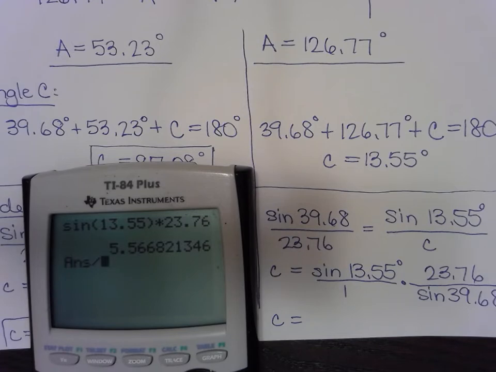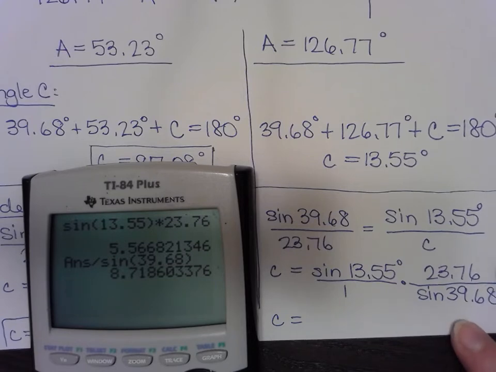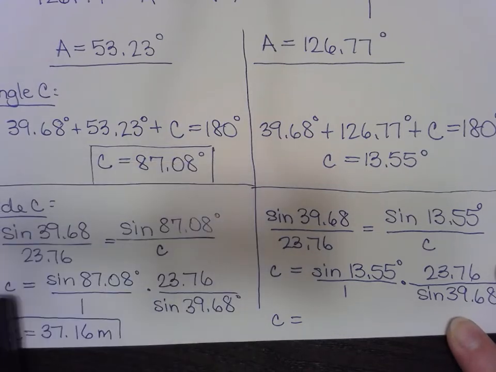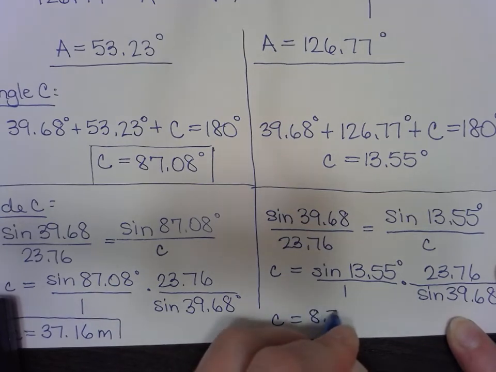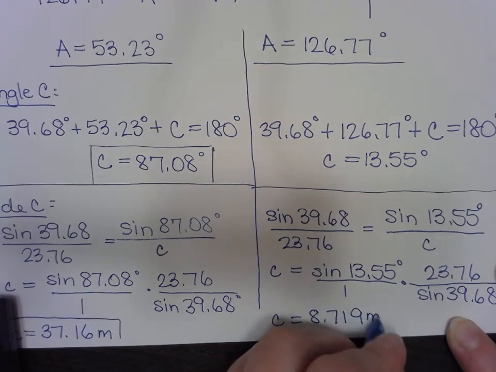Okay, and then divided by the sine gives us 8.71, which would indeed be the shortest side. Okay, 4 significant digits, so 8.719 meters.